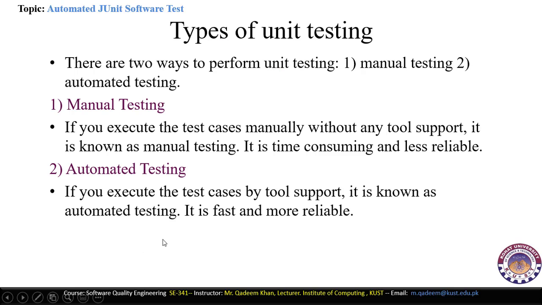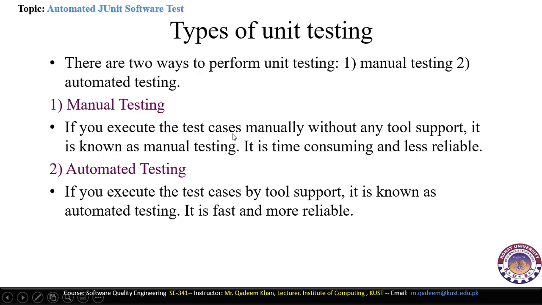Now, types of testing. There are mainly two different unit testing types. First of all, one is manual testing and the second one is automated testing. In manual testing, the software is tested based on manual execution. So without any tools or technology, we just provide the input to the software and the software provides the output.